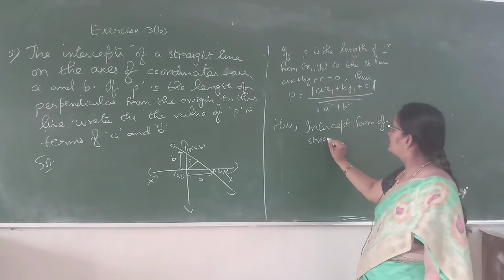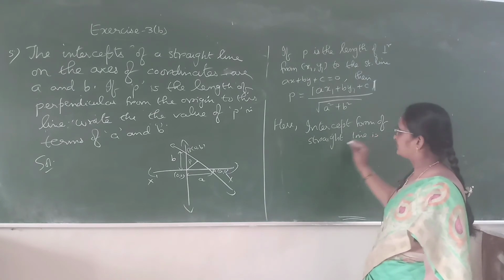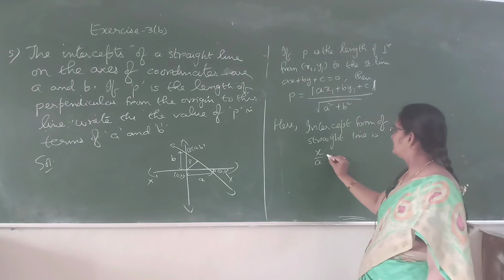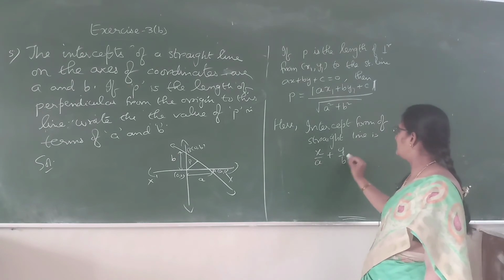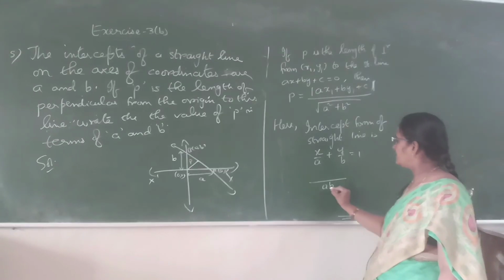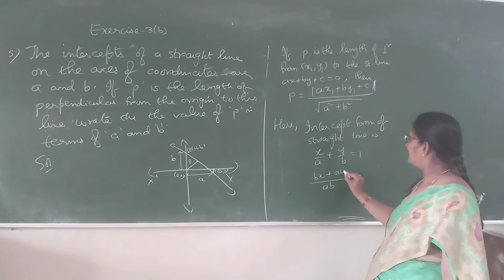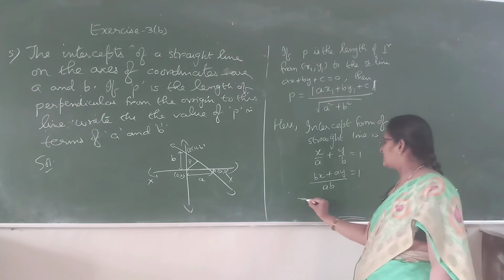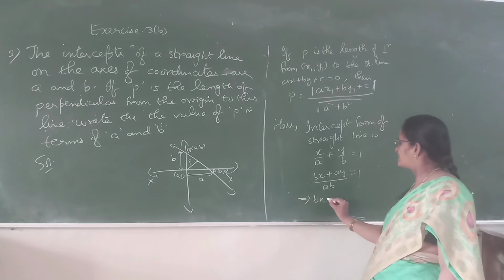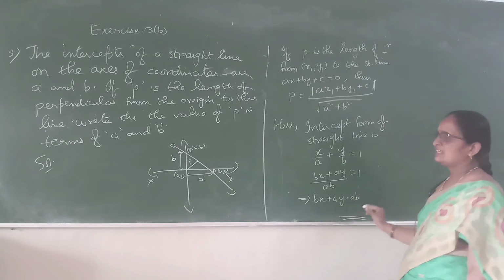X by A plus y by B equal to 1. Take LCM AB. So what will we get here? Bx plus ay equal to ab.